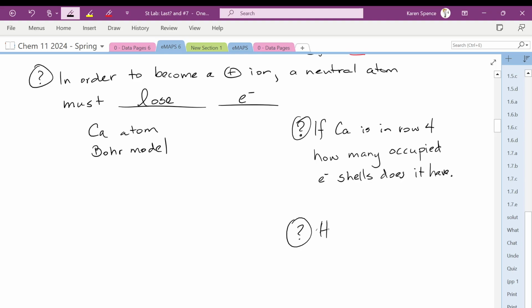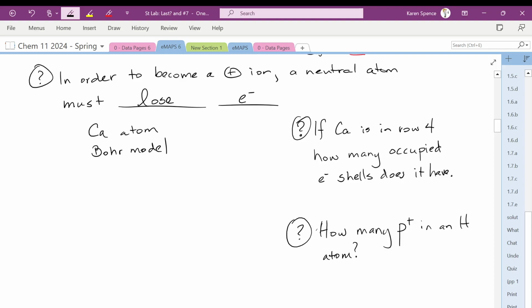How many electrons in a hydrogen atom? Actually, I'm going to change it to protons to start with. How many protons in a hydrogen atom?